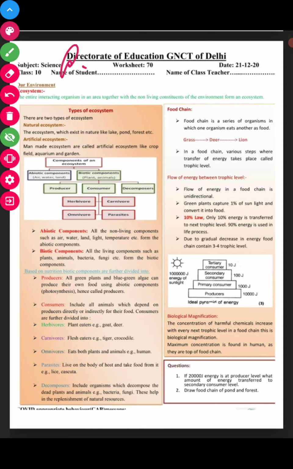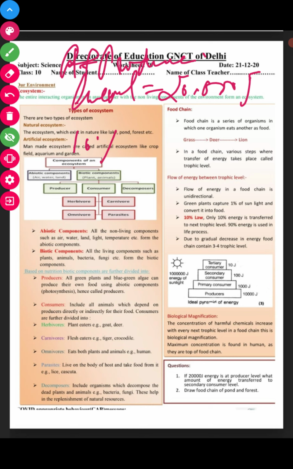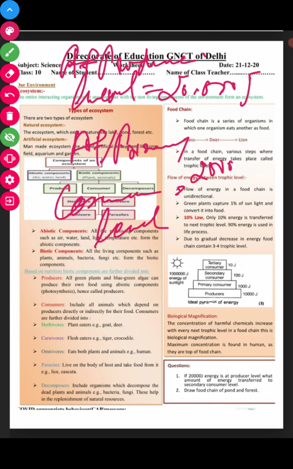At the producer level we have 20,000 joule of energy, and according to the 10% law, at the next primary consumer level we have 2000 joule.